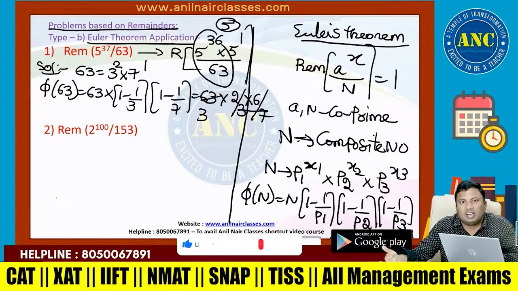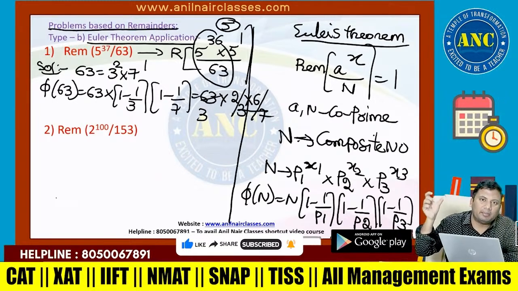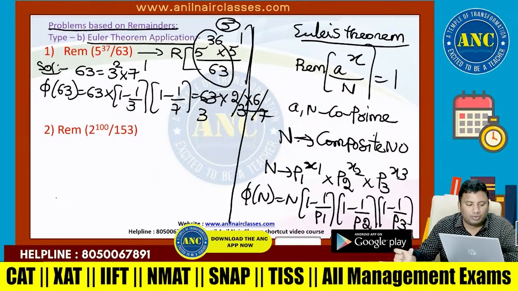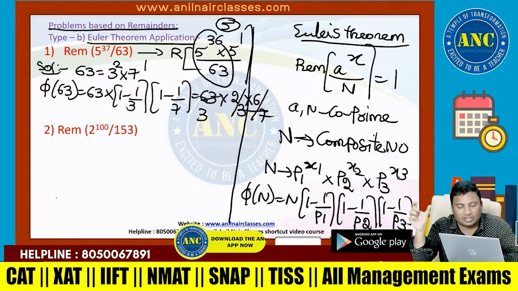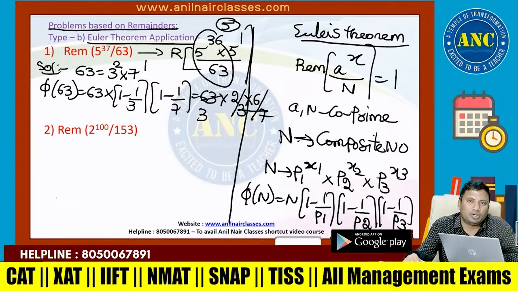Any number divisible by 2 is an even number, so there are 48 numbers divisible by 2. Of those 48 numbers, the ones not divisible by 3 are 48 into 1 minus 1 by 3, which is 48 into 2 by 3. Of those even numbers, the ones not divisible by 5 are 48 into 1 minus 1 by 5. We will discuss in detail once we discuss the Venn diagram concept.